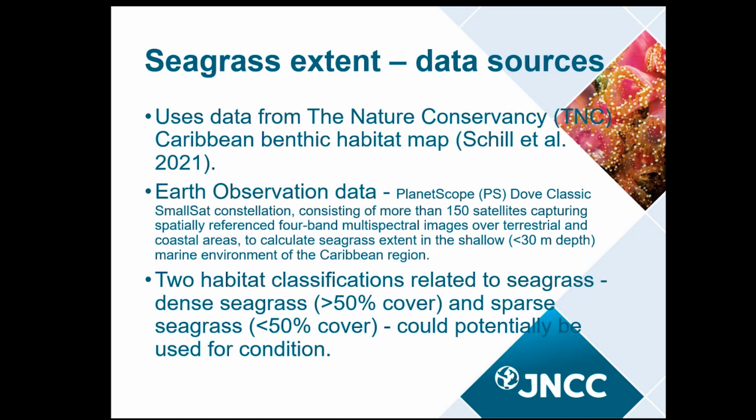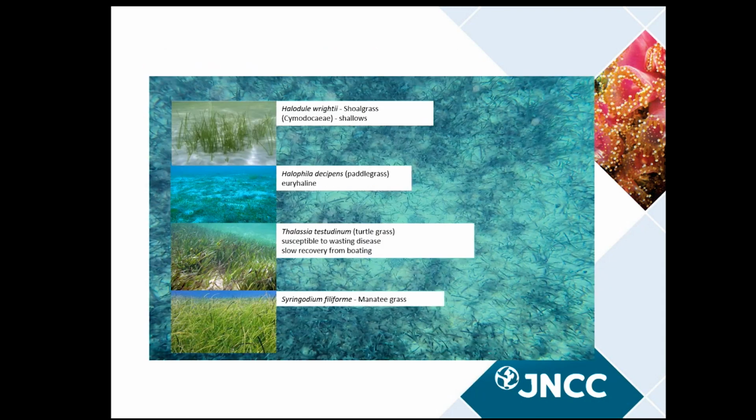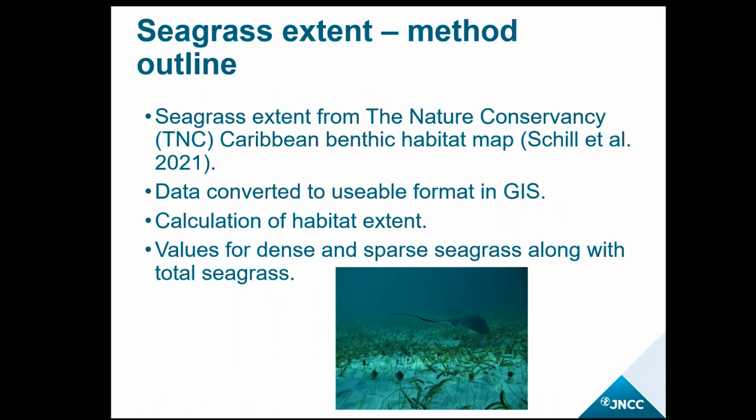I've also got a point here that the classification of dense and sparse seagrass could potentially be used for condition, but that's something I'll come on to in a bit. Here are some of the different seagrass species that are occurring, and then in more detail, the method that we tested for seagrass extent.